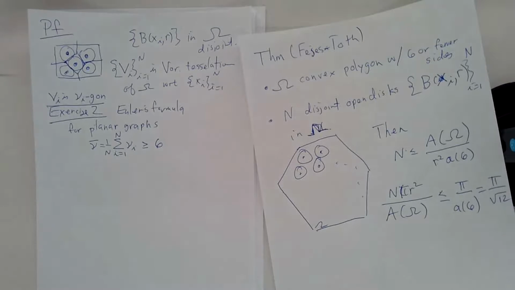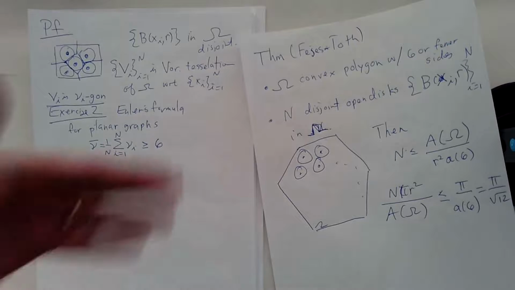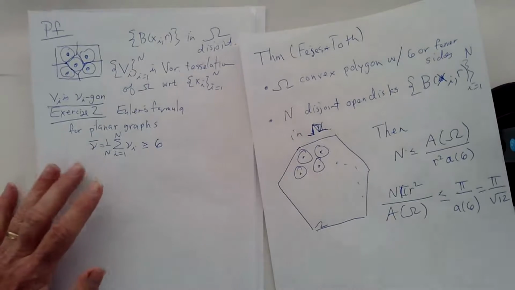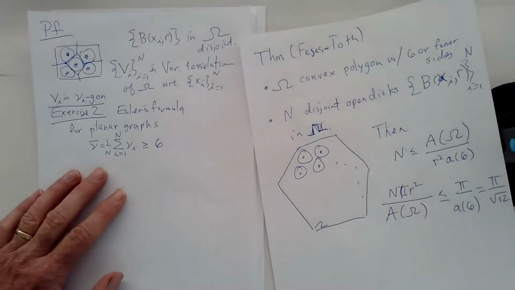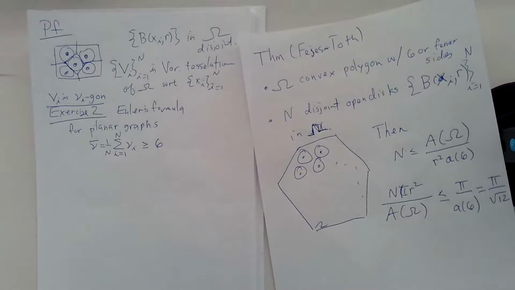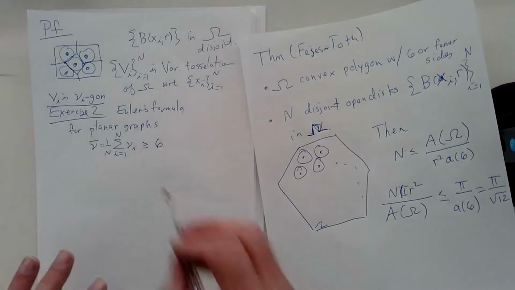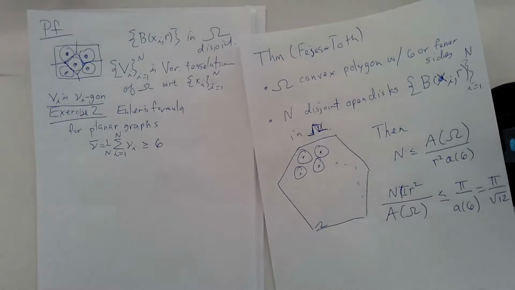If you had more sides, there would be something about the number of sides divided by n in this formula, so it's not a big deal. But restricting to 6 or fewer sides of omega, the Euler formula gives us this nice exactly 6 without any other term. This is adding up the edges, faces, and vertices.